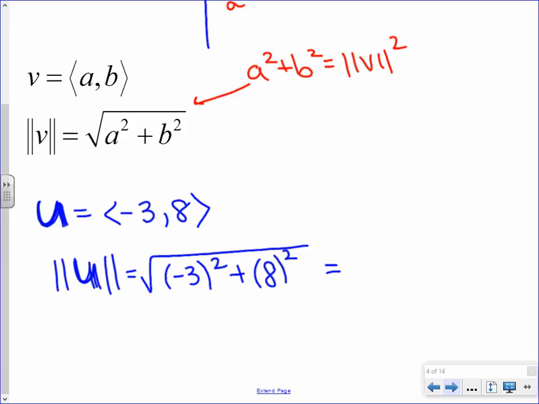Connor, what's our magnitude? So square root of 73. And I want you to leave it like that. Okay? Reduce it if you can, but go ahead and leave it as a radical.